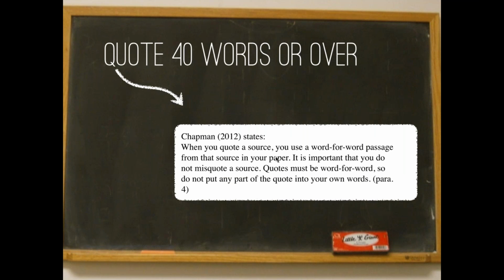If the quote is more than 40 words, it should look like this example. Notice we must use a signal phrase. In this case, Chapman 2012 states. We don't need quotation marks, but the quote would be indented and start on a new line. Oops. Hit the wrong thing. Sorry, guys. And then the other thing that we have to be aware of, and it's a very strange APA rule.